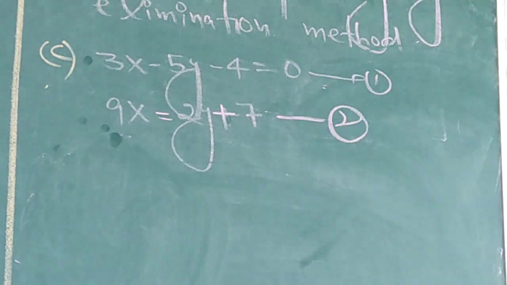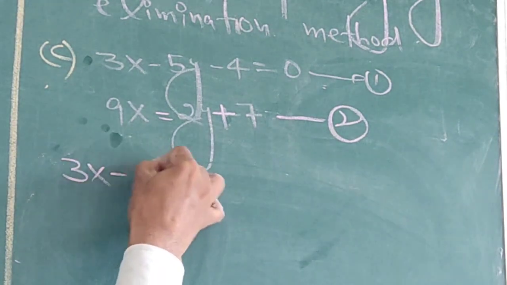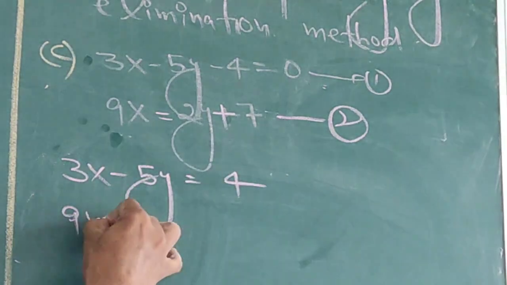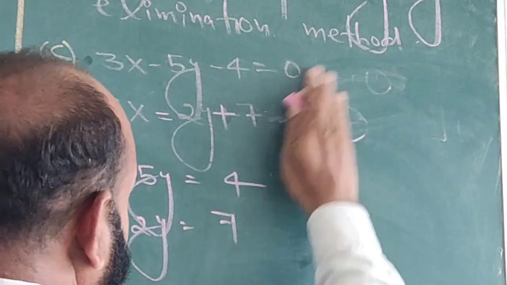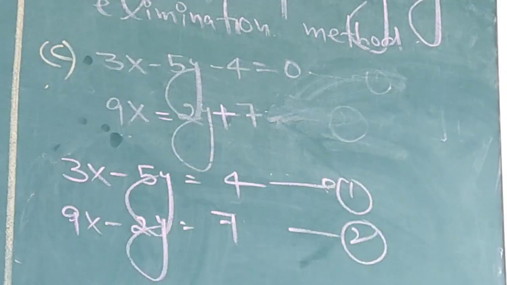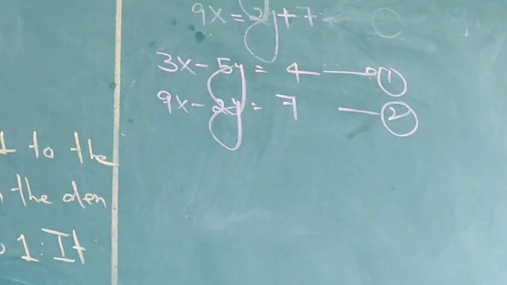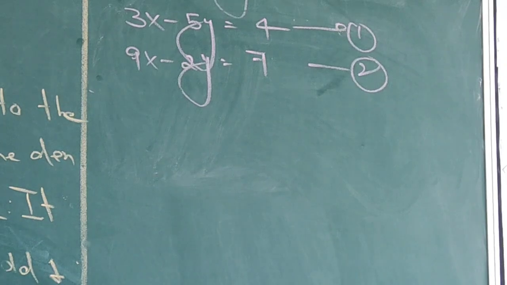First of all, we write these two equations in the standard form, and its standard form is 3x minus 5y is equal to 4, and second is 9x minus 2y is equal to 7. This is equation number 1 and this is equation number 2. Now by elimination method we make the coefficient of x or the coefficient of y equal.